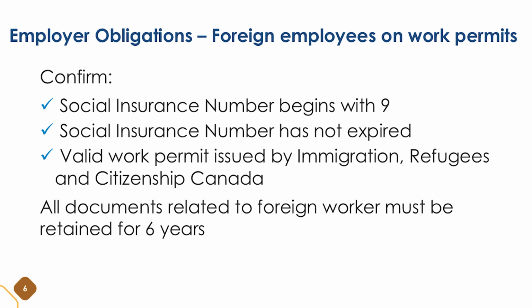The person's social insurance number begins with 9. The social insurance number has not expired. The person has a valid work permit issued by Immigration, Refugees, and Citizenship Canada.